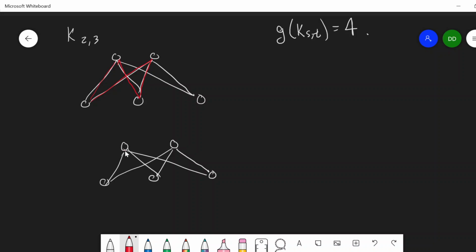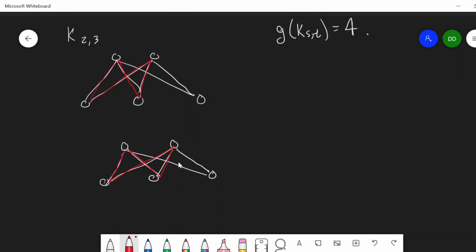You can go out to the next partite set, you can come back, since S is at least 2, and go out again. If we had more vertices here in S, you could keep going, but here we don't. And so the best we can do is actually 4.